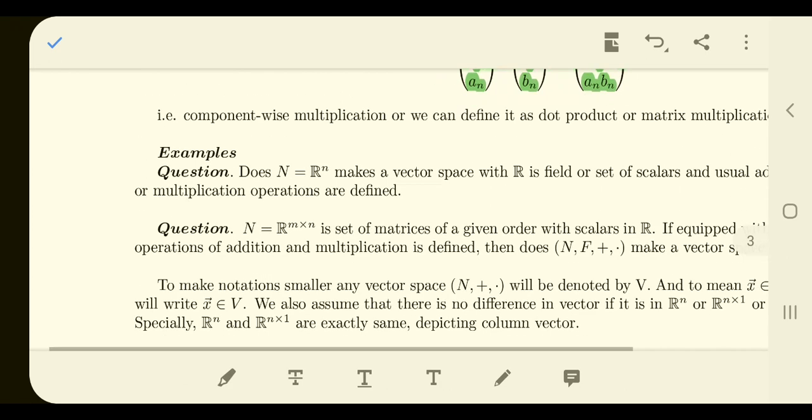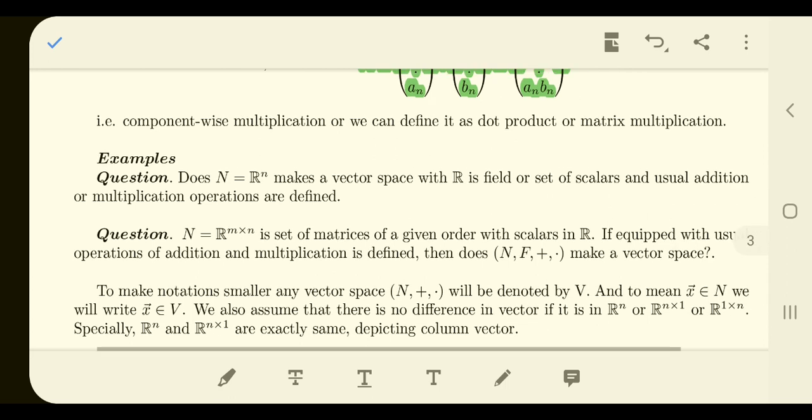Now there are certain questions which I'm not thoroughly answering, but I'll answer here. If you take the set of vectors to be n-tuples of real numbers, R cross R cross R up to n times, where each element is an ordered tuple of n real values, with the scalars as real numbers, is it a vector space?